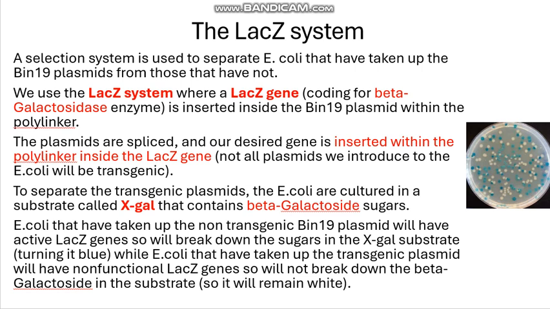It's inserted within the polylinker, like we just discussed. When the plasmids are spliced and we insert our desired gene, for example our anthocyanin gene, within the LacZ gene, it makes the LacZ gene dysfunctional, so it can no longer produce this enzyme. And if the plasmid can't produce this enzyme, it can't break down its substrate.